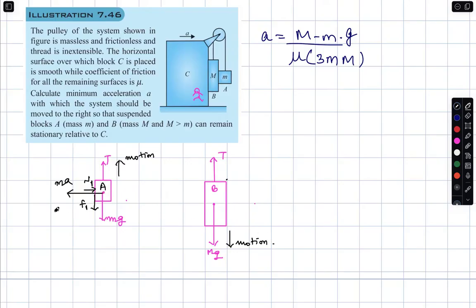Bhaiya, this is action. Reaction acts on... can I ask you, is that the only force on B? Yes, it will have a pseudo force again.